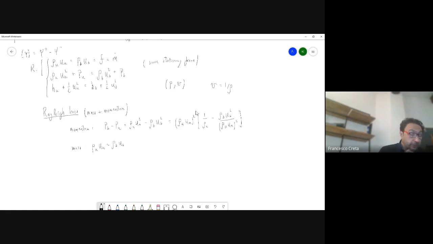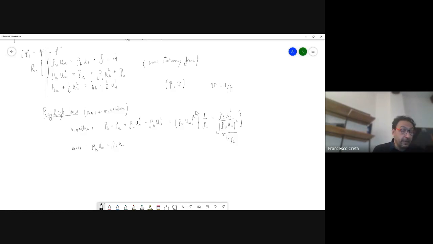So where do we use the conservation of mass? Well, we use it for this term here, and it's quite easy to prove that this is very simply 1 over rho B. So you can do this yourselves by using the conservation of mass.